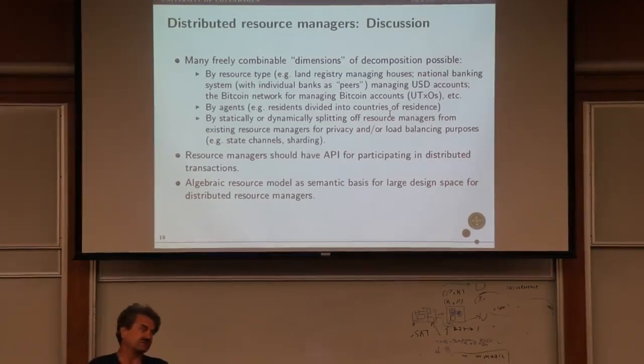And they could overlap. I could be a citizen, I'm not, but some people are citizens in multiple countries, so you could be in multiple of those. But the key thing is you could split up the set of agents. So think of that not as a partition, but as a covering of the agents you are interested in. And then you could say, I have a resource manager for every one of those subsets of the agents.